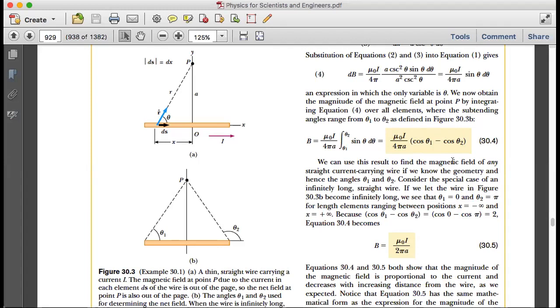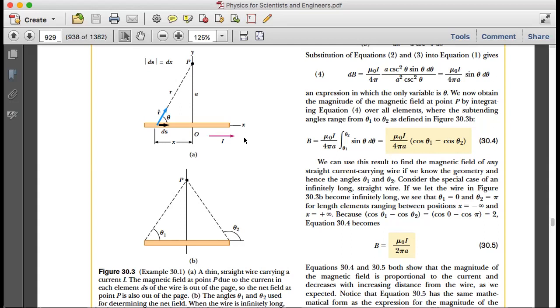This theta 2 is in the second quadrant, so cos theta there is minus, so this should be plus.